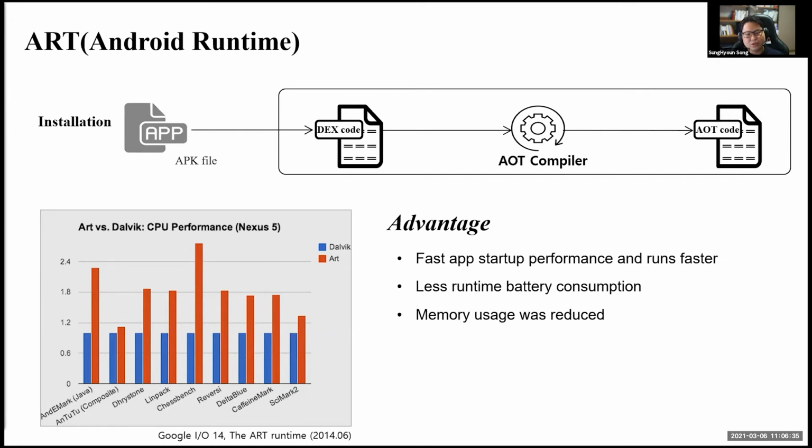Since JIT was not used anymore, the memory usage was also reduced because it didn't keep the code cache memory. And with AOT compilation from DEX to OAT, the compiler can perform multiple passes for optimization to achieve better performance.